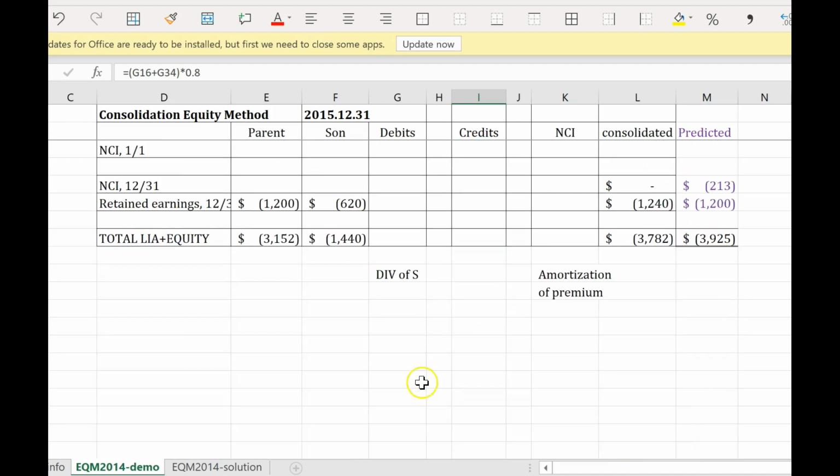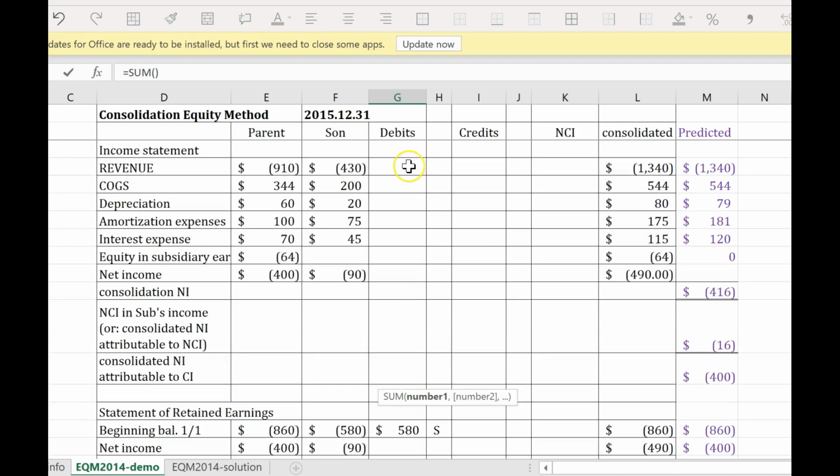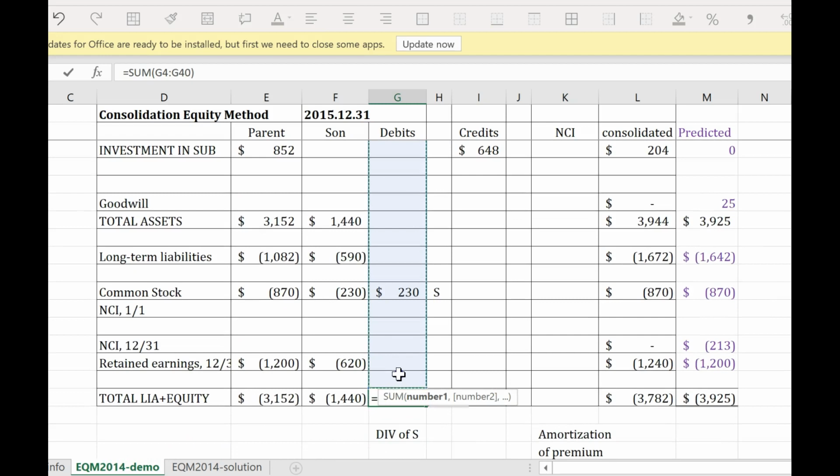If I'm doing a total of this column, it should be the same as the credit column, right? Now it's not the same, obviously, because we only credit 80% of the S entry's debit side added up. So the other 20% goes to the NCI at the beginning.